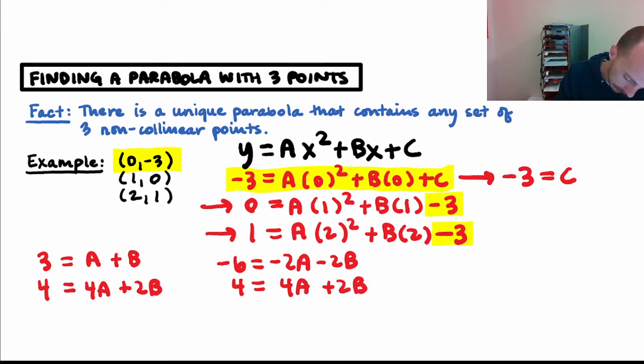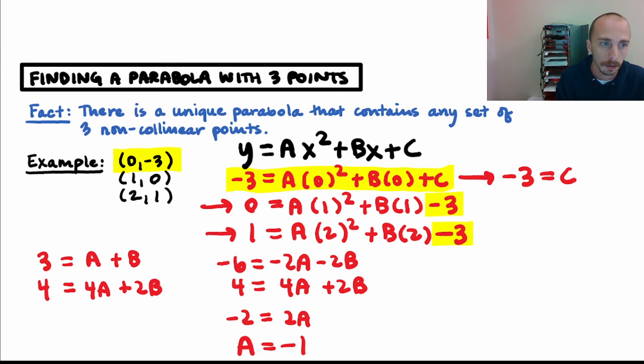Okay, add these together, and I'll get -2 equals 2a. That's telling me that a needs to be -1. I've got a, I've got c, and I've got 3 equals a plus b. So I might say, all right, 3 equals -1 plus b. That means b needs to equal 4.